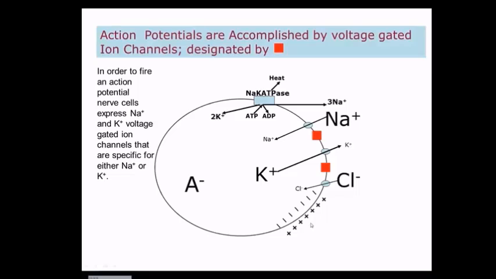Okay? So, in order to fire an action potential, nerve cells express voltage-gated ion channels that are specific for either sodium or potassium. In other words, these cells have to have a gene to produce these proteins.